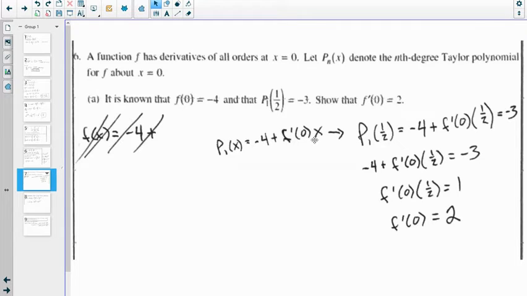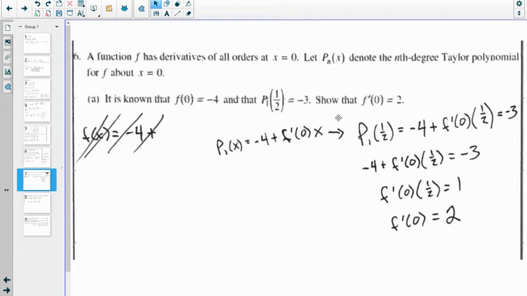And we'll see with part B what happens when I need more terms than that. And so at x equals 1/2, the value of this function is -3. That's what they're telling me. So I plugged in 1/2 for x, I set it equal to -3, and the only thing I did not know there was the value of the first derivative at x equals 0. So a little bit of algebra away from solving for that.